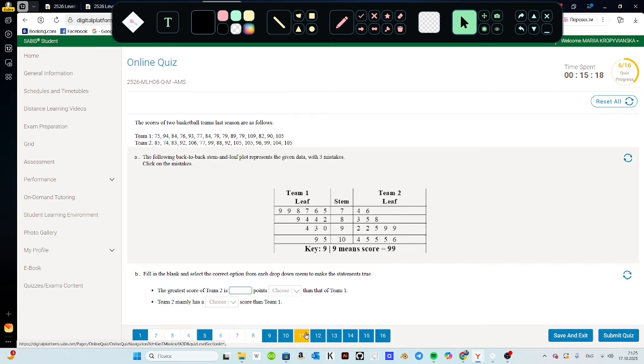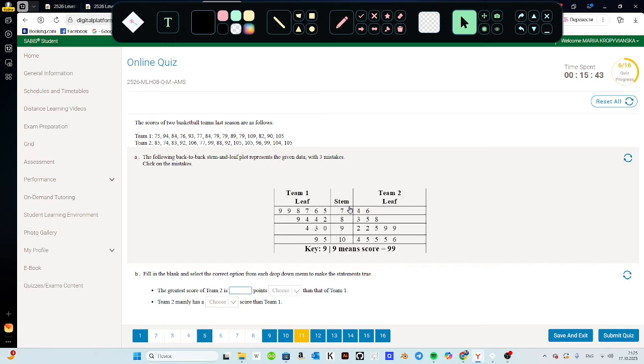Next one. The following back-to-back stem and leaf plot represents the given data with 3 mistakes. Click on the mistakes. So we need to analyze team 1 and team 2. If we see a 7 over here, we don't read it as 57 or 67. We read it as 75 and 76.